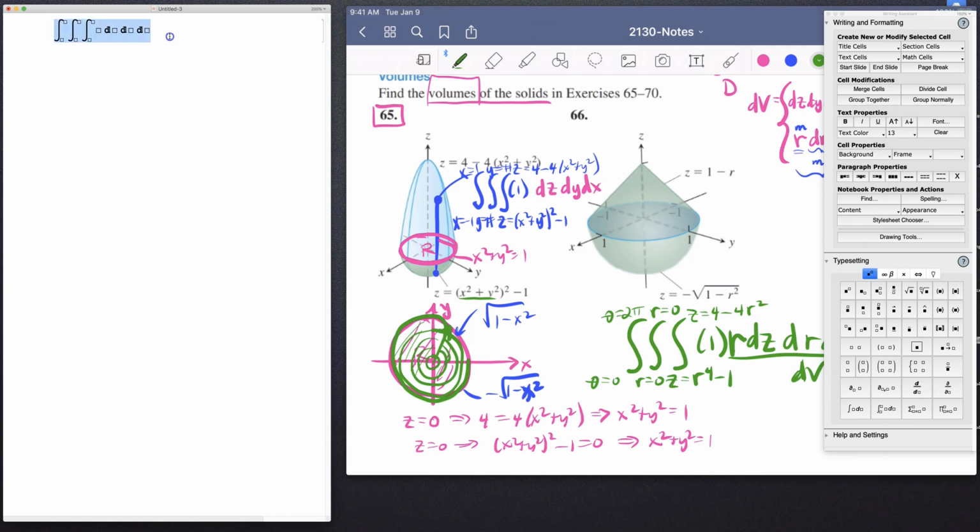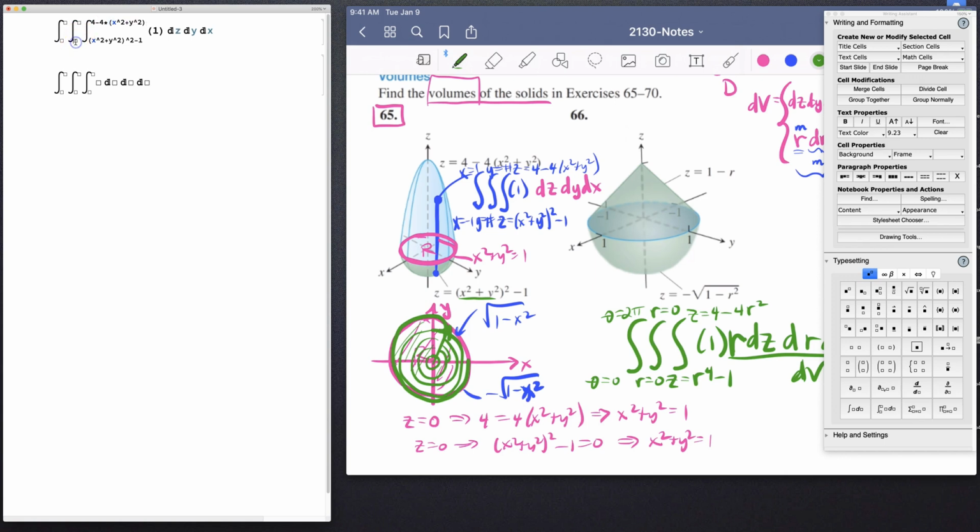Here's our integral for rectangular coordinates, and here will be our integral for cylindrical coordinates. We're going to integrate 1. We've got dz dy dx. We've decided that z is going from (x squared plus y squared) squared minus 1 on the bottom, that paraboloid on the bottom, up to 4 minus 4 times (x squared plus y squared) on the top.